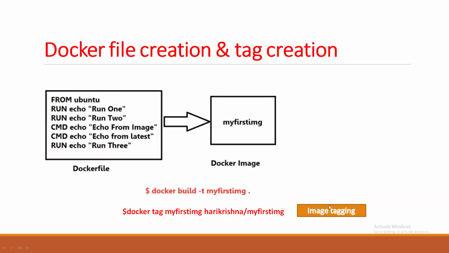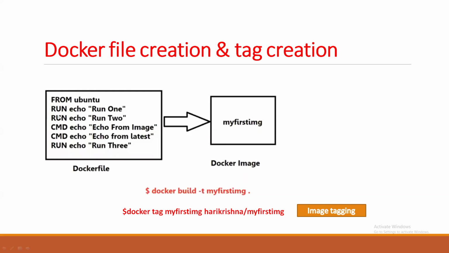Now you understood, guys, how to run images as containers under Docker: docker info, docker version, docker stop, start, everything, right? So Dockerfile creation and tag creation. I want to create my own Docker image and create the tagging.